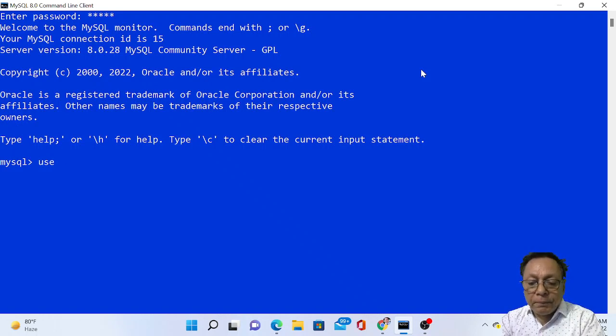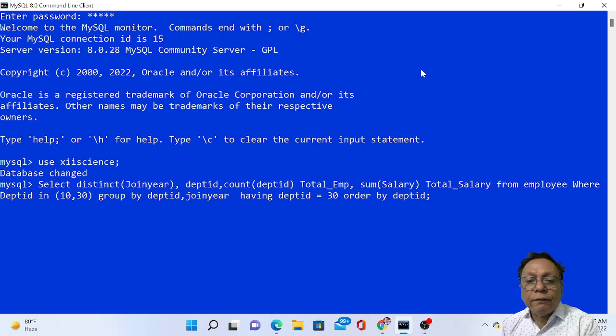Use the database, because earlier we were working in this database, and this time I am going to give this SQL statement. Select distinct join year, department ID, and total number of employees of the department, and here I have used having clause also to print for department ID 30, and later all the records should be in order.